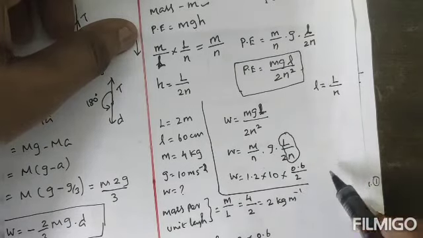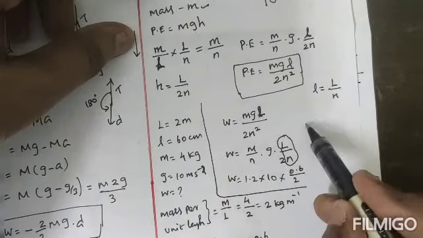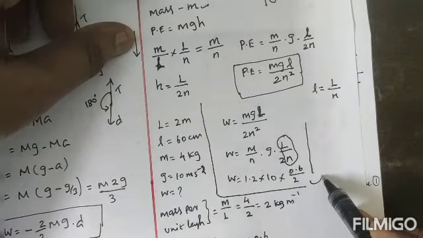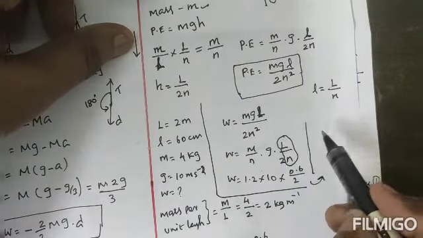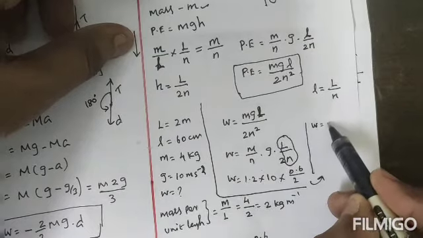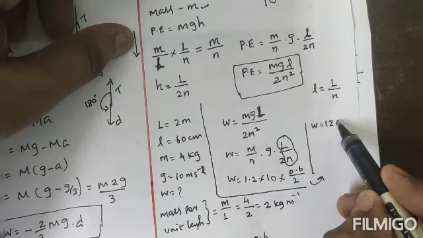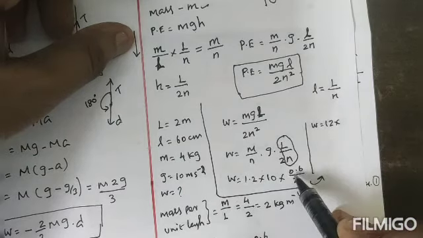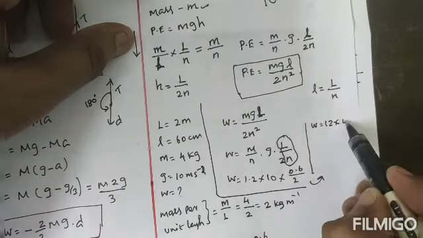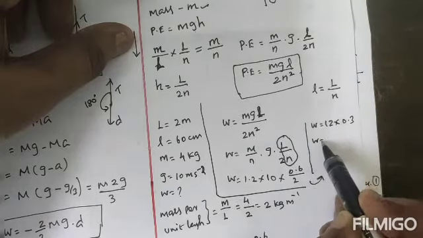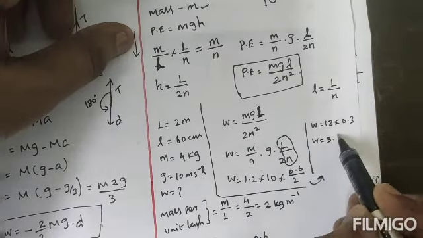So the next step I can write here itself. Work done is equal to 1.2 into 10, that is 12, into 0.6 divided by 2, that is 0.3. So this is equal to 3.6.